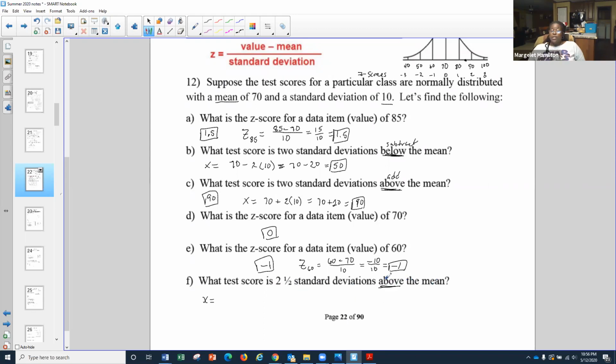Now, let's see if we can figure it out by looking at the graph. 2.5 standard deviations above the mean. So here we are, the mean, 2.5, let's go, 1, 2.5 would be right here in the middle, and that represents 95. Is everybody all right with that? Okay, we say it's 95.